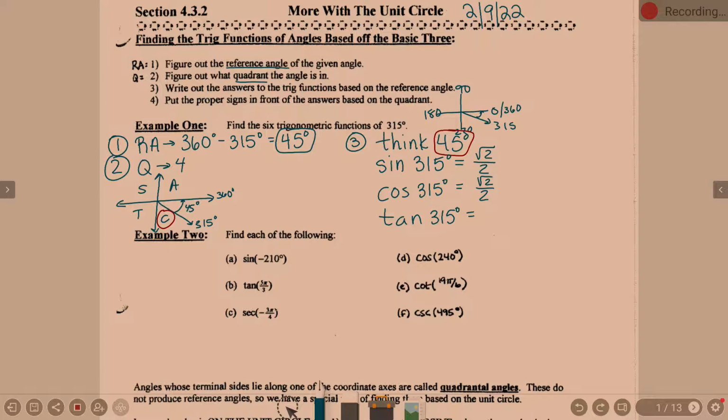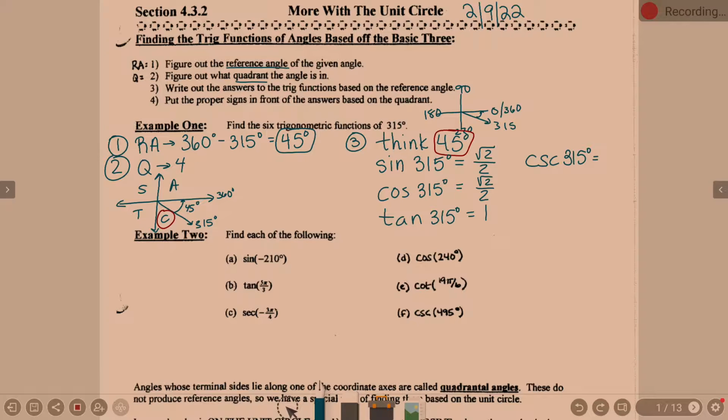So what's the tangent of 45? 1. Now, it did ask us for 6, didn't it? So we need to talk cosecant. If the sine of 315 degrees is square root of 2 over 2, what's the cosecant of 315 degrees?